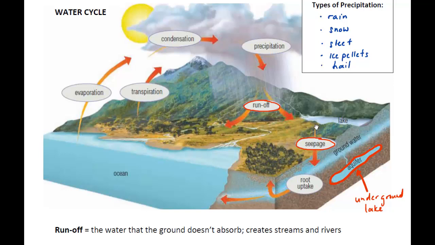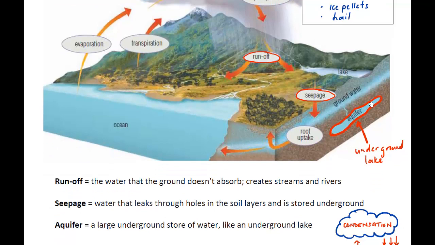When the land does soak it up, that's called seepage, and that'll take the water from the land itself and it'll go into the ground, and it'll form something called groundwater, or it'll form something called an aquifer, which is basically an underground lake. California right now is having a lot of problems with sinkholes because they've gone through a period of a great drought in the last while, and their aquifers are being emptied of water because the people are overusing it, which is leaving these massive caverns underground.